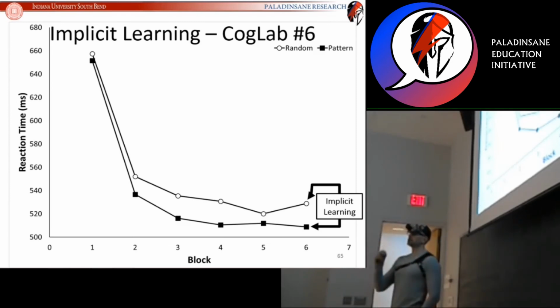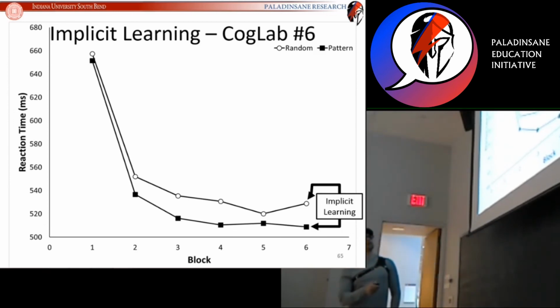And the fact that you don't know that you were in the pattern condition means that it's not part of your explicit memory. If it was part of your explicit memory, you would be able to say, oh yeah, I noticed this, I'm aware of this pattern, I was in the pattern condition.